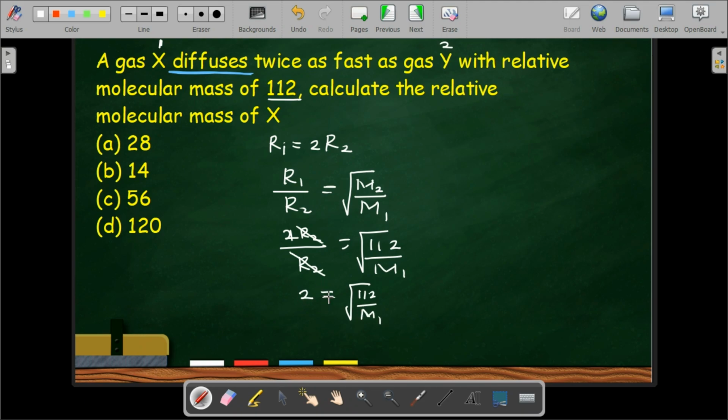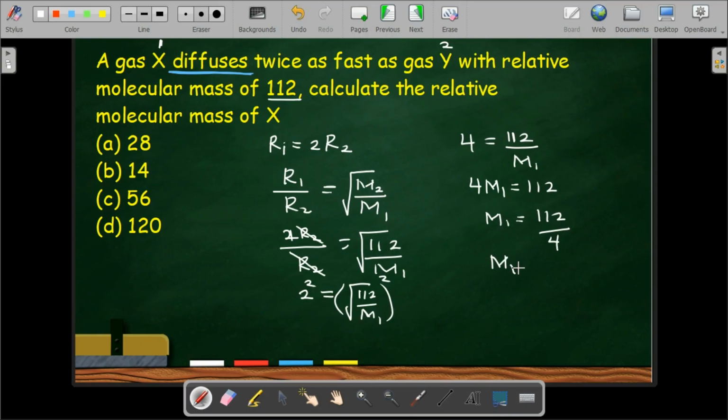An ideal thing to do is to square both sides so that we can remove the square root on the right hand side. If we square this, eventually we have 4 equals 112 divided by M1. So you can cross multiply so that you have 4 M1 equals 112, then M1 is 112 divided by 4.